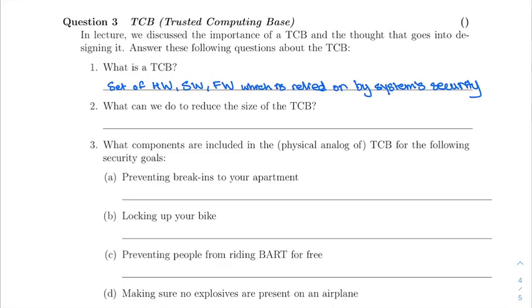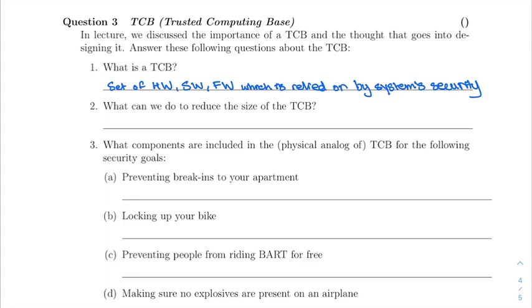So one of the important things to note here is that if anything in your TCB goes wrong, so if any of the hardware or software or firmware components are compromised or discovered to be vulnerable, then the system security is compromised. So a lot of those properties that we guarantee about confidentiality, about integrity, about authenticity, the idea is that these core components, if they go down, then the system is open to attack, or open to exploit.